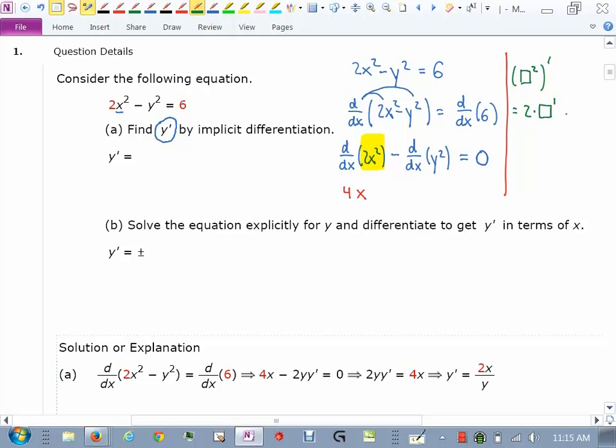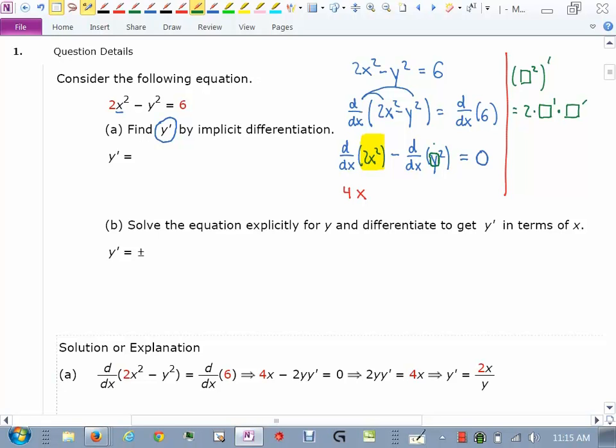So that's the power rule. But then the chain rule says times the derivative of what was in there. If we treat the base like a box, and we have a box squared, the derivative will be 2 times the box to the first power times the derivative of the box. For us in our problem, our box is actually the y.